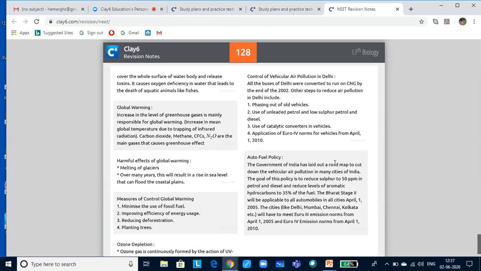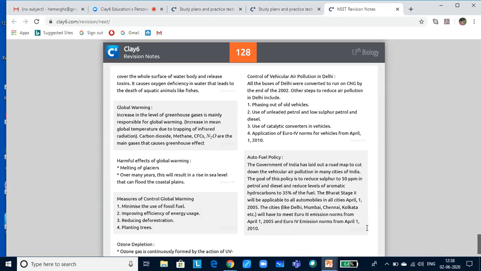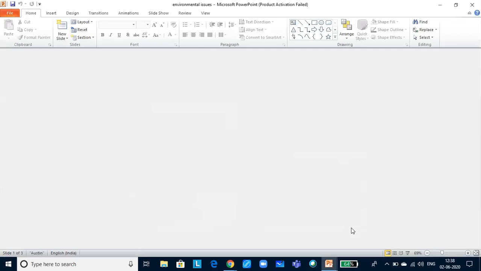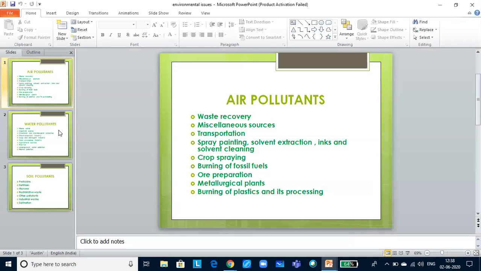Now let us go to water pollution. What are the different water pollutants you see? That is wastewater, which could be from the house, commercial and industrial areas, that can cause a lot of pollution. You might have seen in some areas where water gets collected and stagnated, it gets a stench of foul smell.